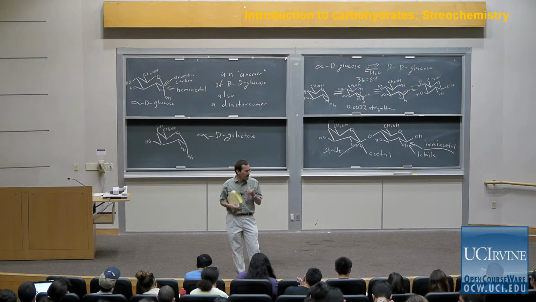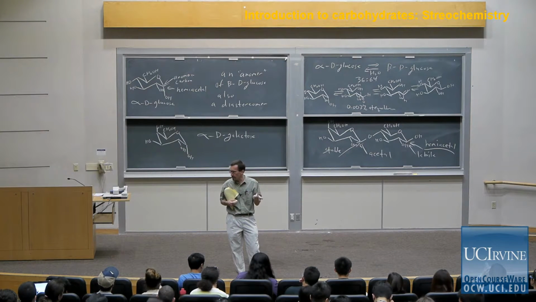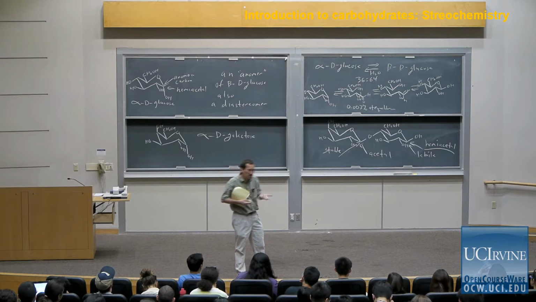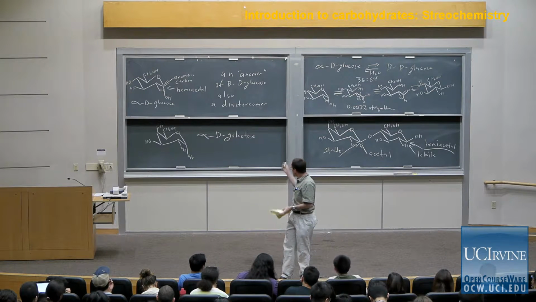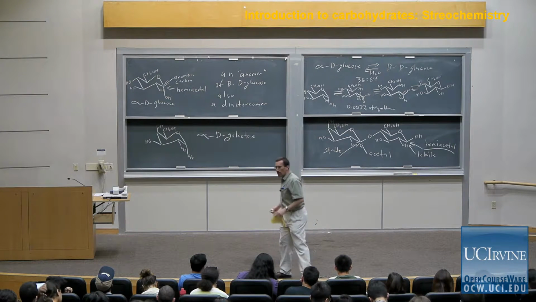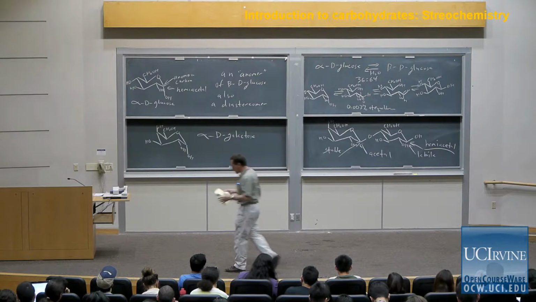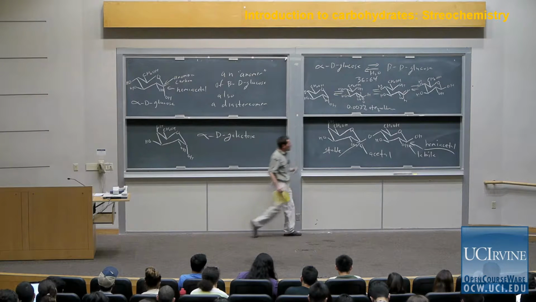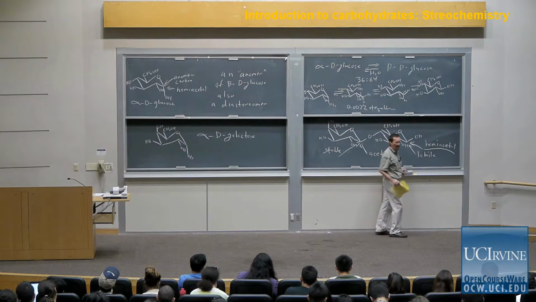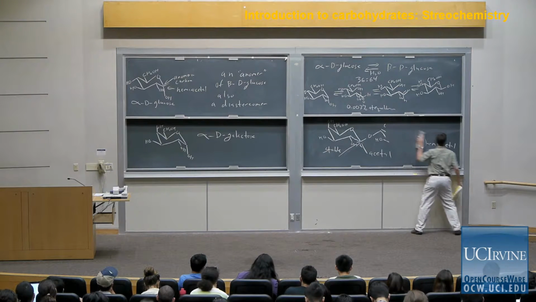I'm not a practicing sugar chemist, and I do not keep all of the structures of all the different monosaccharides in my head. I could if I wanted to, but it's just not useful for me. But glucose and, say, the 1-diastereomer galactose are useful things to know because it's something that you can hold on to, and then you can build on it. So when you see various other sugars, you see talose or something, you can understand relationships to them.